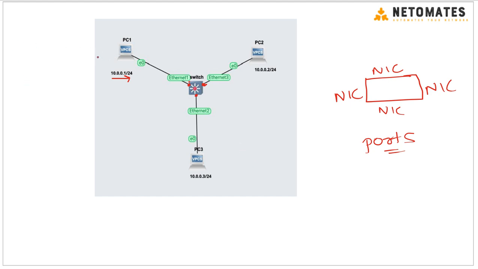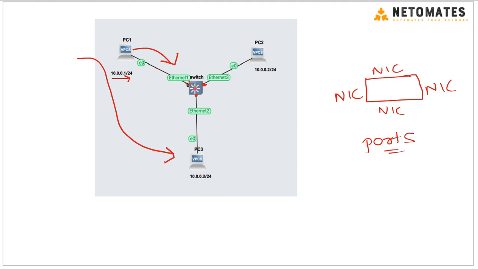So let's say we try to ping from PC1 to PC3. PC1 will send a packet, and it will go into this physical cable and reach the switch. Now the switch has to process this packet.